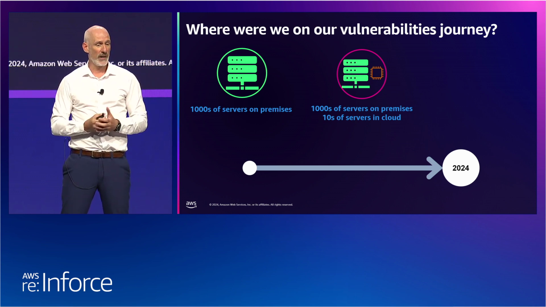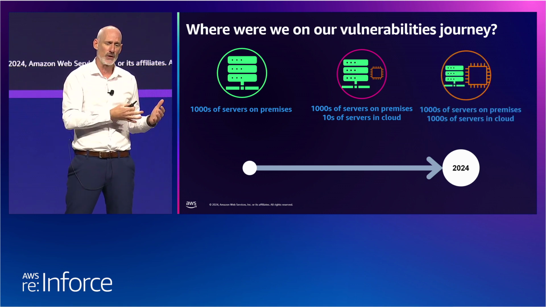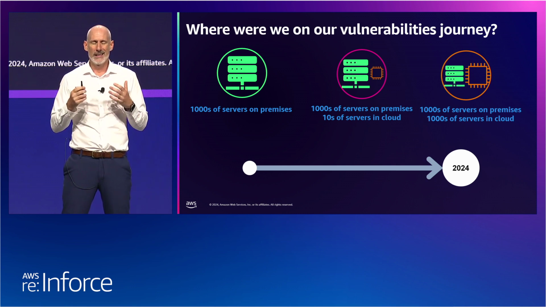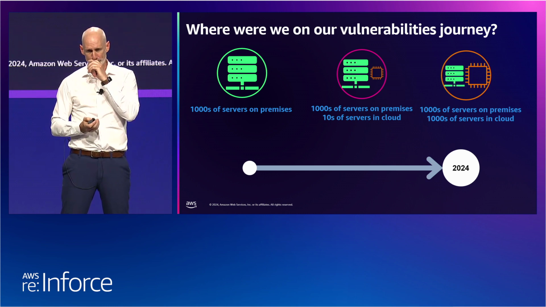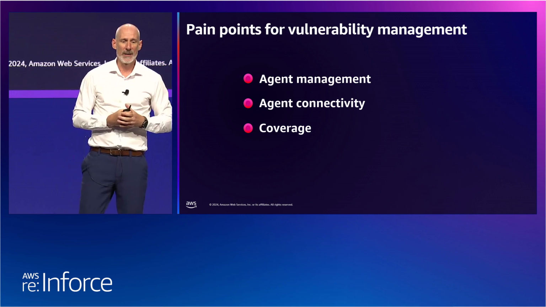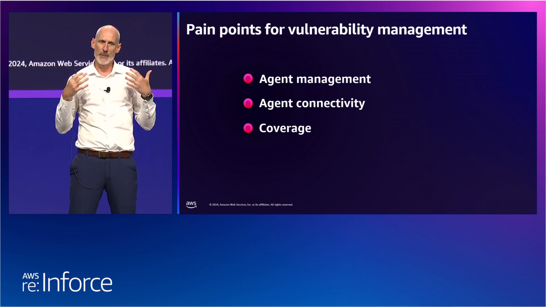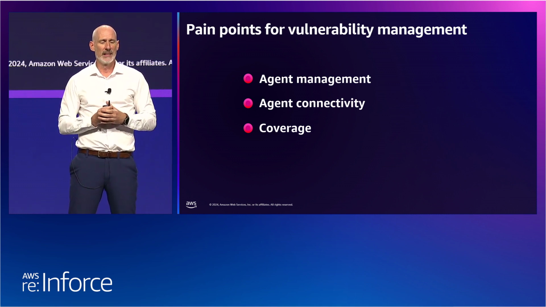And it worked fine, until we started moving towards thousands of servers in the cloud, along with our thousands of servers on-premise. The model became really quite difficult and time-consuming to maintain our coverage. So the pain points for vulnerability management really were keeping that agent up to date and in the build, and making sure people were reusing the builds that we were passing out.